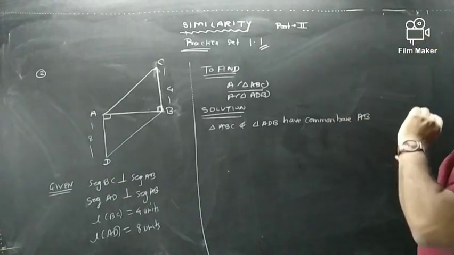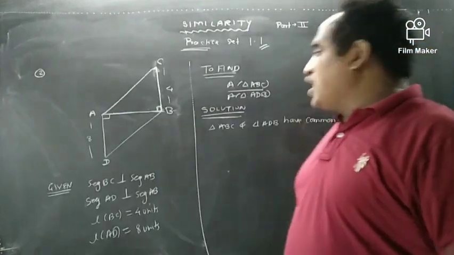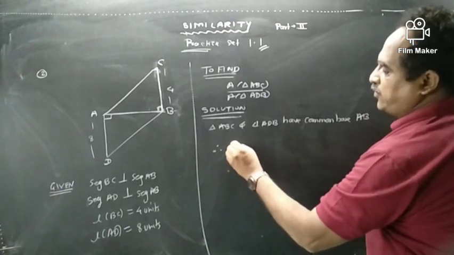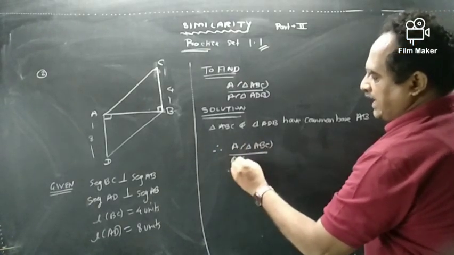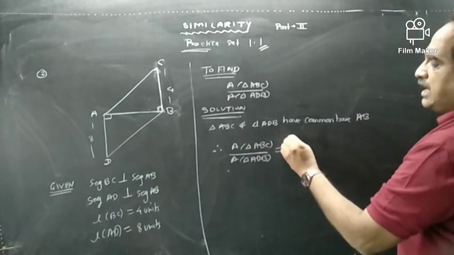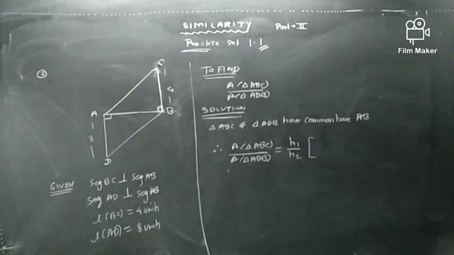AB is the common base in both these triangles. When they have a common base, I can write therefore area of triangle ABC upon area of triangle ADB is equal to H1 upon H2.